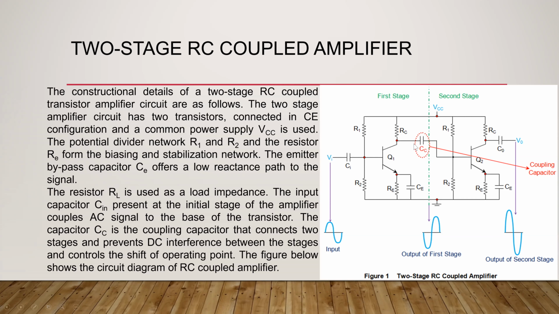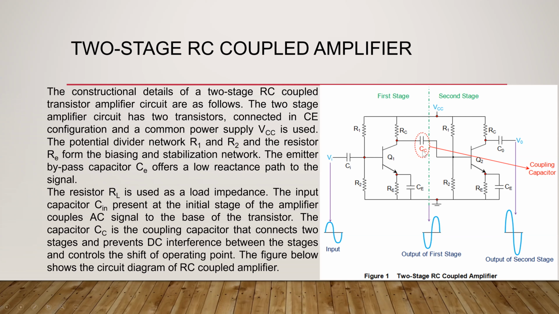Similarly, the coupling capacitor CC is going to act as a coupler. The AC component of the output of the first stage is connected to the input of the second stage using a coupling capacitor.